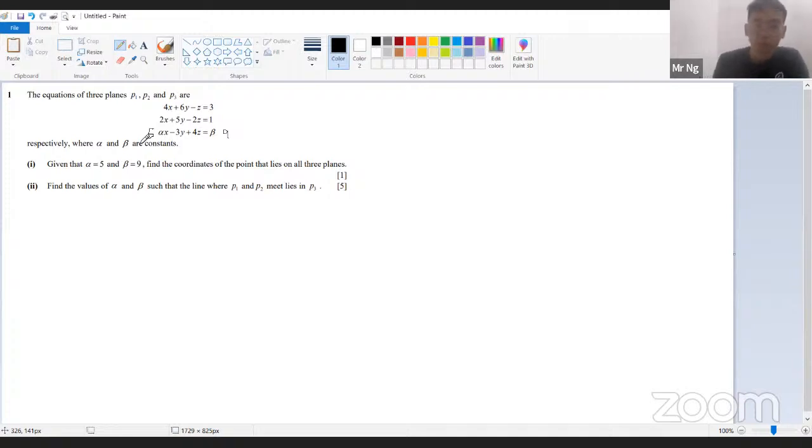Right, so the point coordinates, I'm going to write like this: 2 comma minus 1, minus 1. Done.